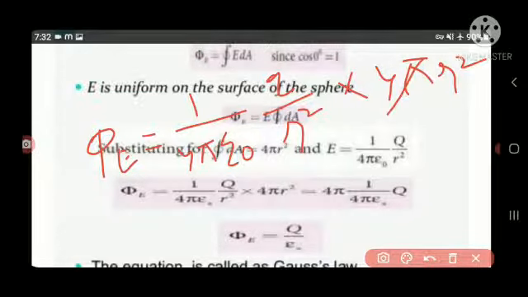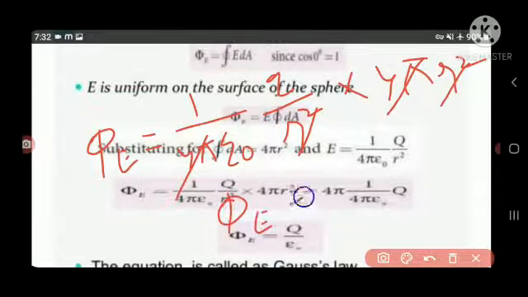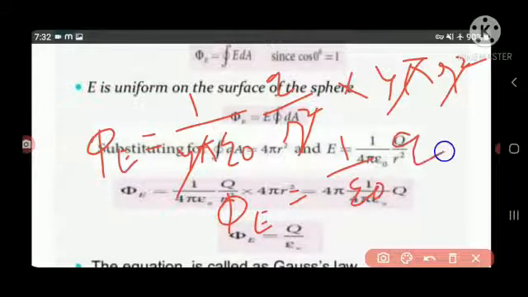So 4 pi and 4 pi cancel out, r square cancels out. We ultimately get phi E is equal to 1 by epsilon times q, and that is the Gauss theorem. In this way, we can prove the Gauss theorem mathematically.